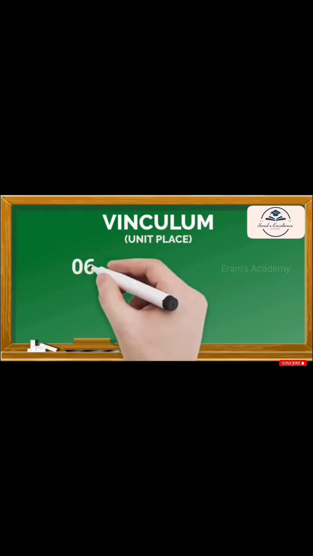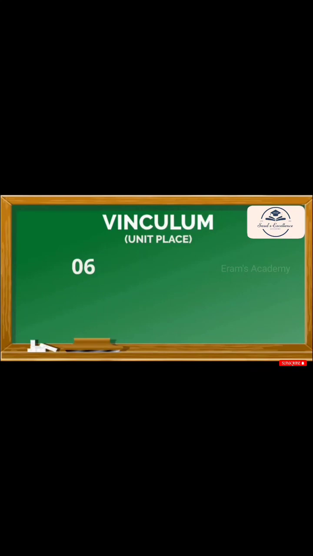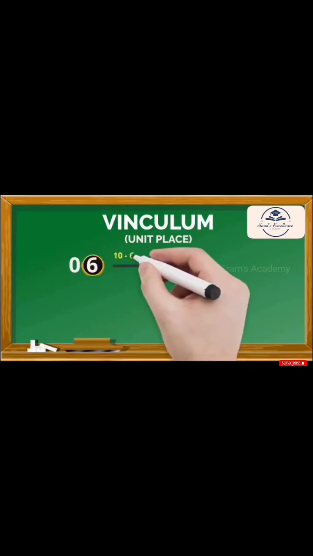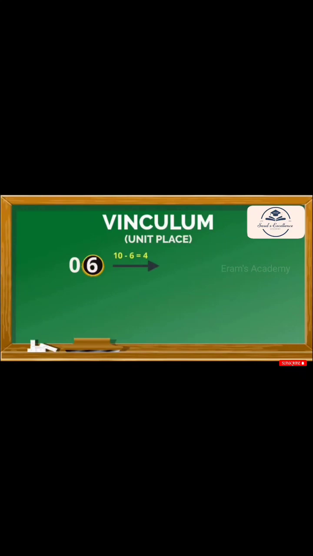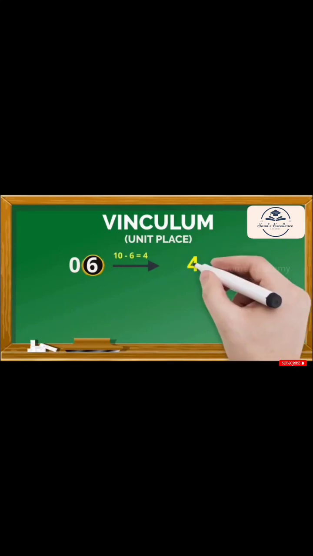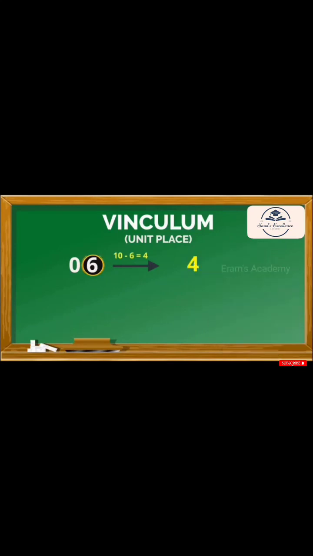Let's start with an example like 06. First we have to subtract the unit digit from 10, so subtracting 6 from 10 we get 4. We write 4. We make a bar above 4.